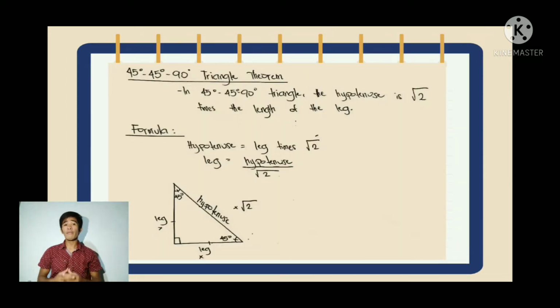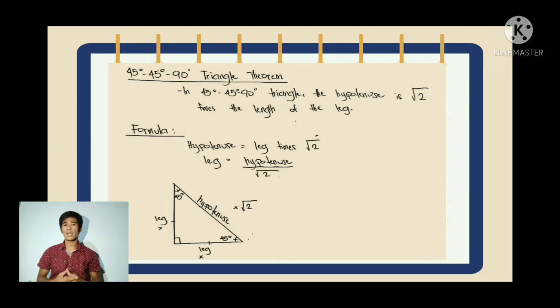So, the 45, 45, 90 triangle theorem. In the 45, 45, 90 triangle theorem, the hypotenuse is square root of 2 times the length of the leg. So, to get the hypotenuse, we take the value of the leg times the square root of 2.